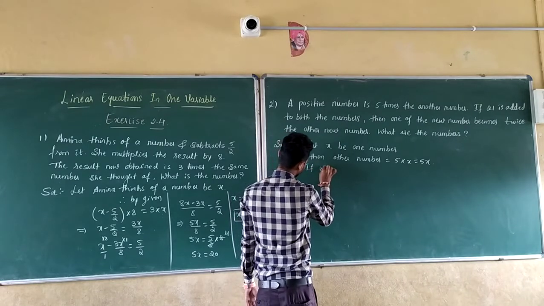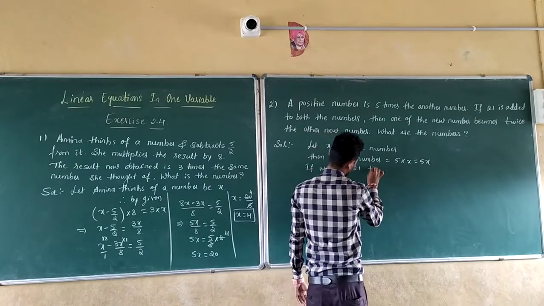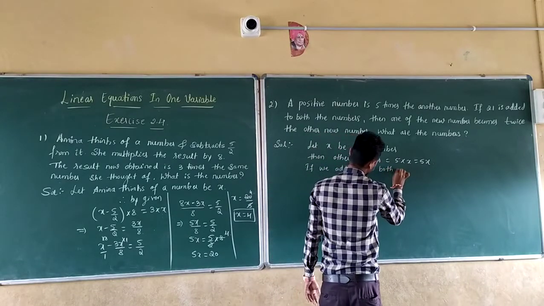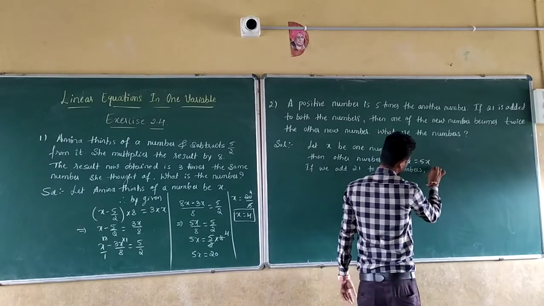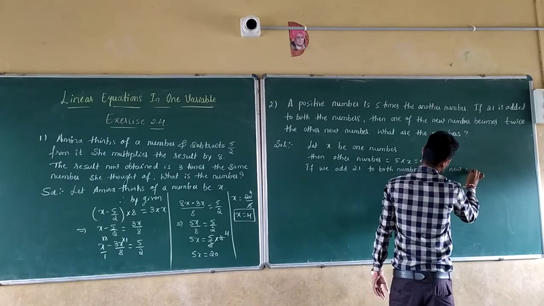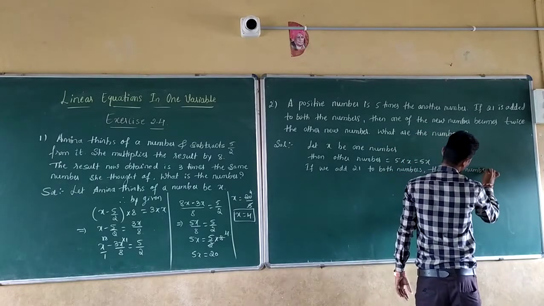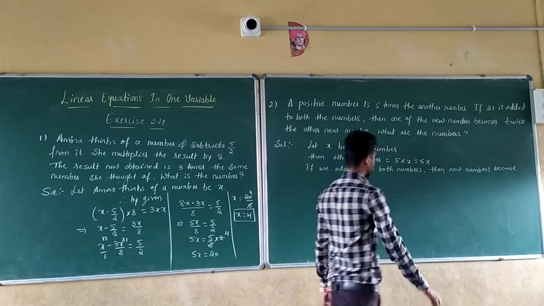If we add 21 to both numbers, then the new numbers become what?